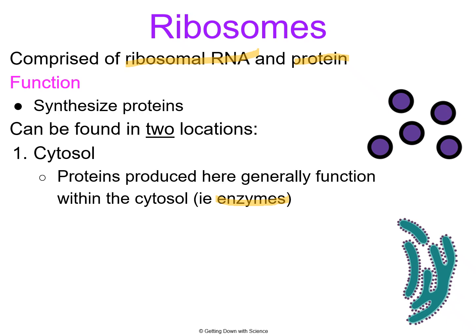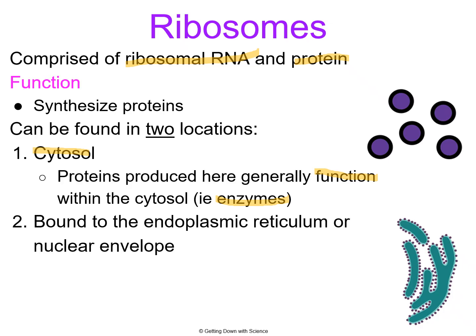So if the ribosomes are not attached to any other organelle and they're free floating inside the cytoplasm, then we're expecting that these proteins will serve functions within that cytoplasm. So they do things within the cytoplasm, or they carry out metabolic reactions. And these proteins are usually enzymes, and they speed up chemical reactions.